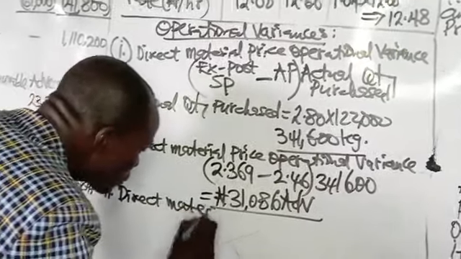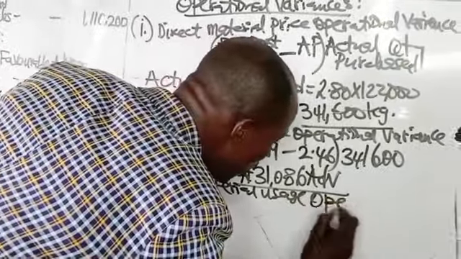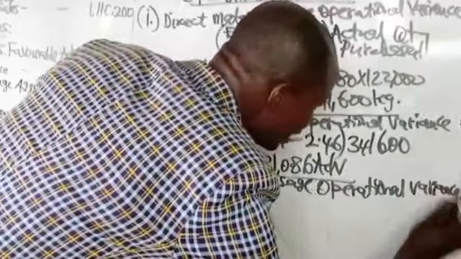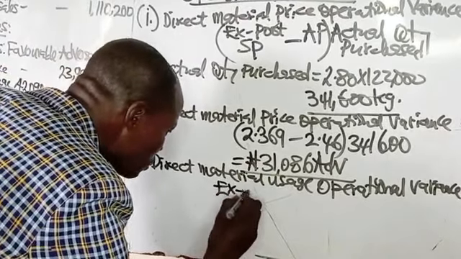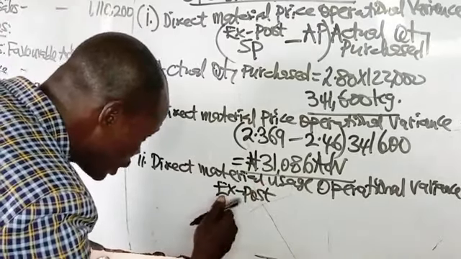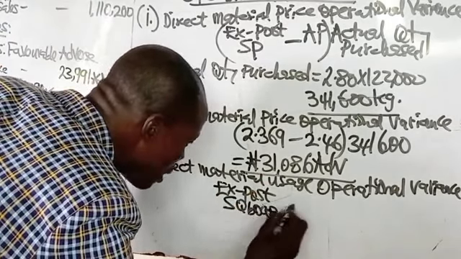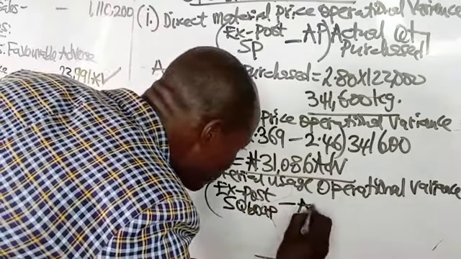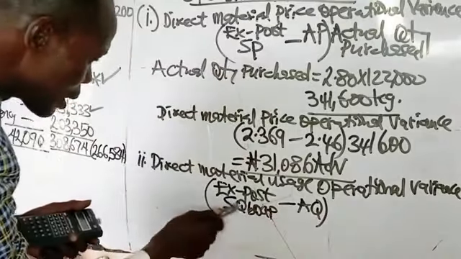Remember, in operational variance, you want to compare the exposed with actual. Since it is usage, we have the exposed standard quantity based on actual production, minus the actual quantity, multiplied by the weight in terms of quantity variance.